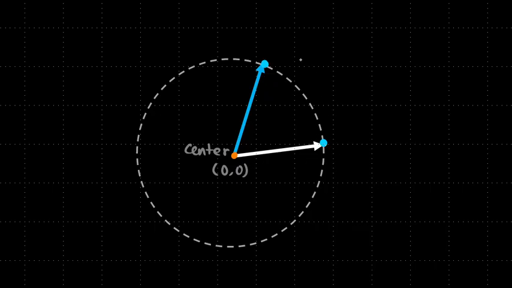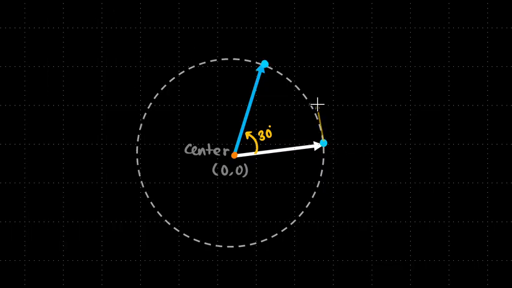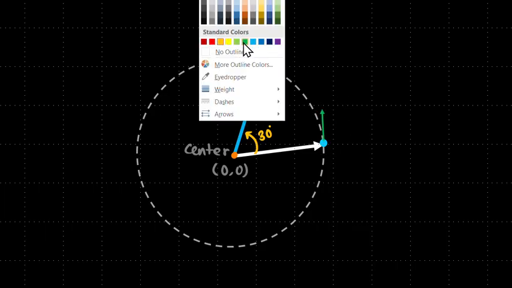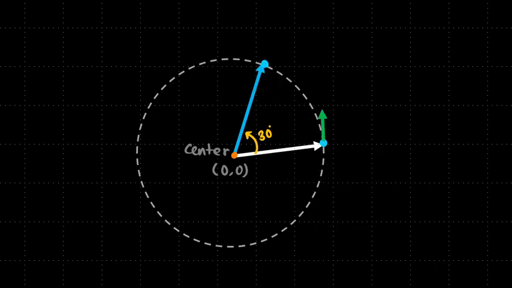So a cyclist moves from here to here, through an angle of 30 degrees, right? He has a speed of v. So let's say this is our vector of velocity. This is the velocity vector. Since there is an arrow, there is a direction.